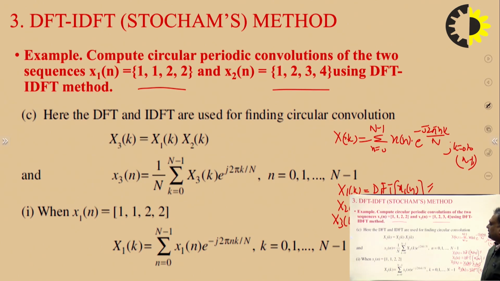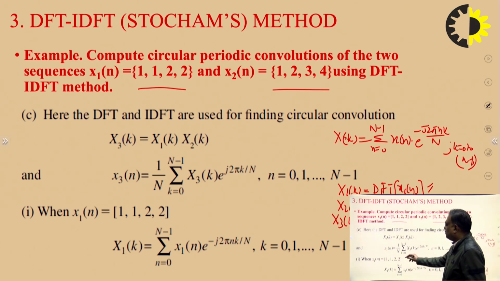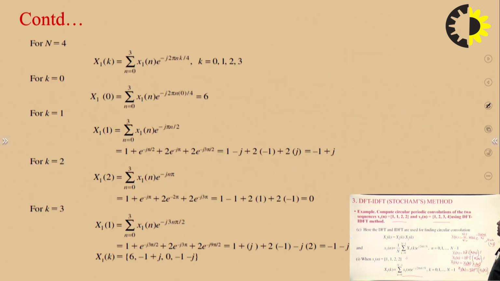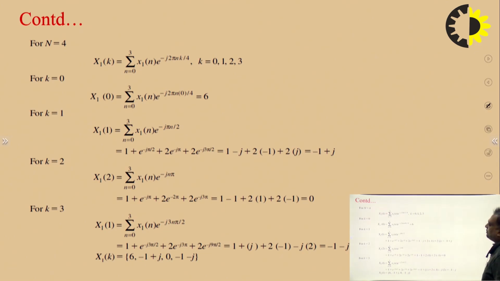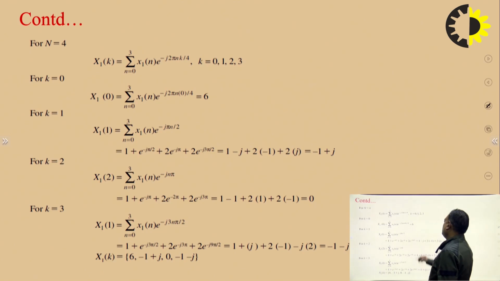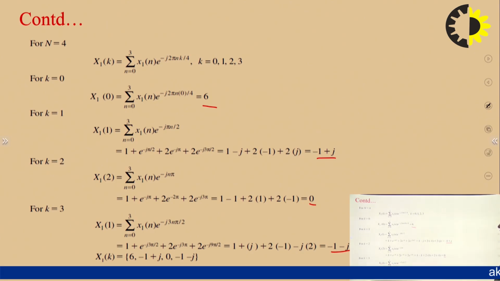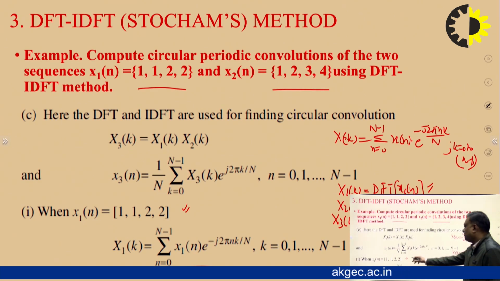First of all, we will calculate X1(k) for the sequence 1 1 2 2. This is the expression which I have already written over here. According to this expression, you calculate the values of X1(k), which come out to be 6, -1+j, 0, -1-j. These are the four values obtained from the sequence x1(n), which is given as 1 1 2 2.